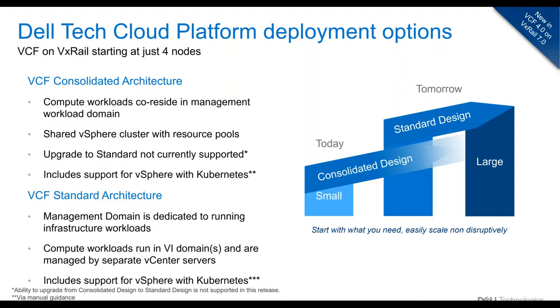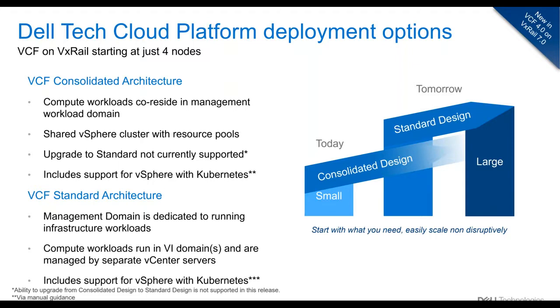What's new in this release is the support for a consolidated architecture. This allows a customer to deploy, at a starting point of 4 nodes, the management domain, but then support running user applications on that same management domain infrastructure. So we're sharing infrastructure resources between the Cloud Foundation management components and user applications.